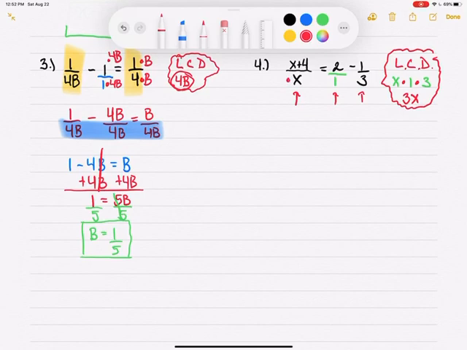I'm going to start by multiplying the first by 3. Whatever I do to the bottom, I have to do to the top. And remember, when you have 2 pieces in the numerator, you need to put parentheses around it so you multiply the whole thing. Then I'm going to multiply 1 by 3 and x.